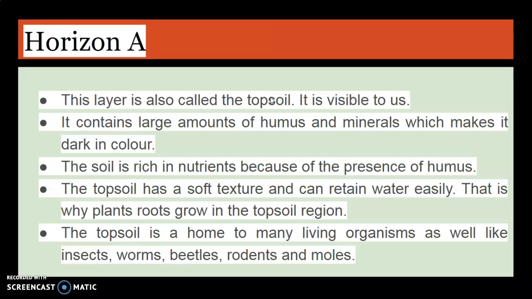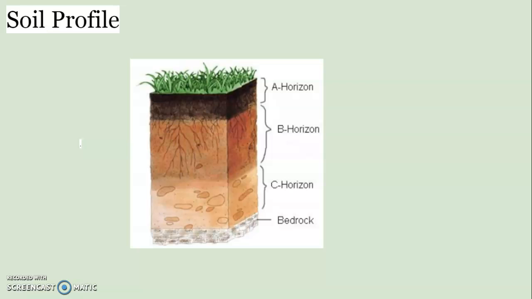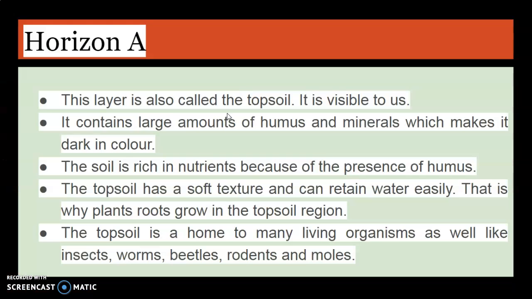This contains large amounts of humus. Humus is decaying matter in the soil, and together with minerals it makes the soil dark in color. It is dark in color if you compare it to the other three layers. So horizon A is very dark. And the soil is rich in nutrients because of the presence of humus.